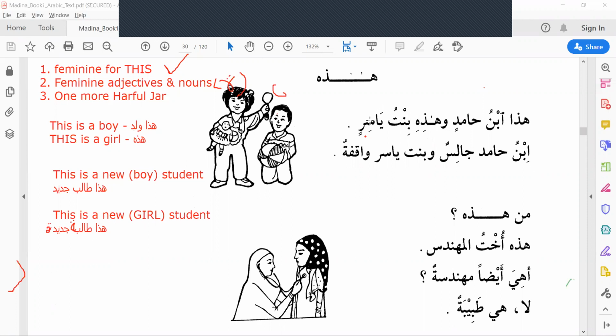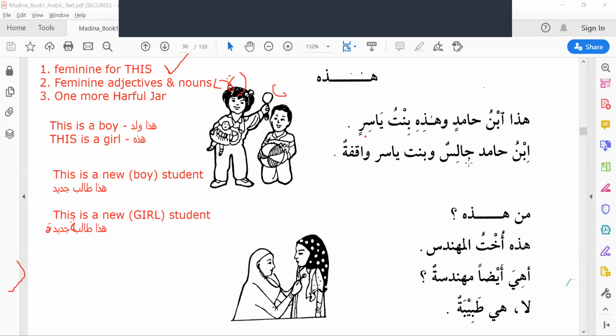Wahadihi bintu Yasirin. This is Hamid's son and this is Yasir's daughter. Ibnu Hamidin jalisun wa bintu Yasirin waqifatun.